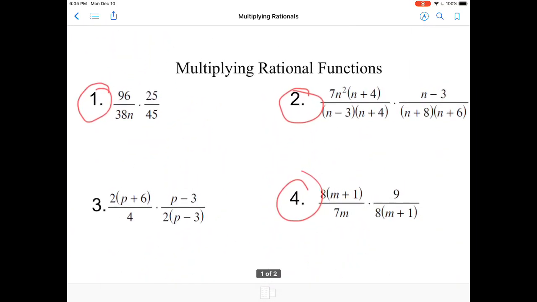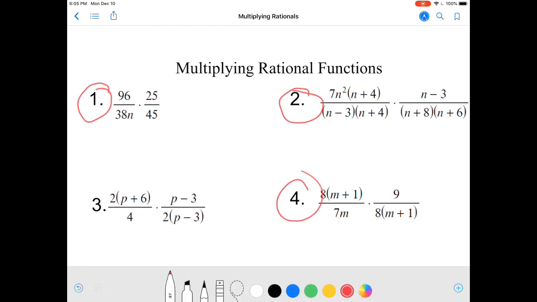Okay, starting with problem 1, we have a monomial times a monomial in both the numerator and the denominator. So we're going to look for some common factors either in the numbers above and below each other or the ones diagonal from each other.